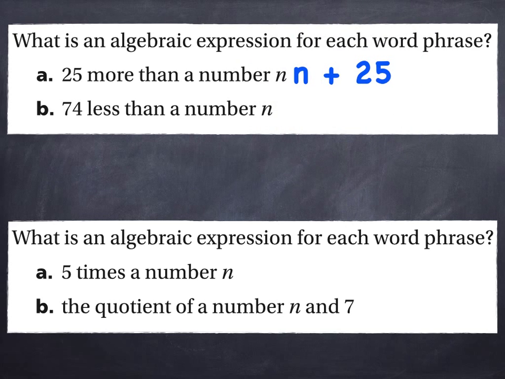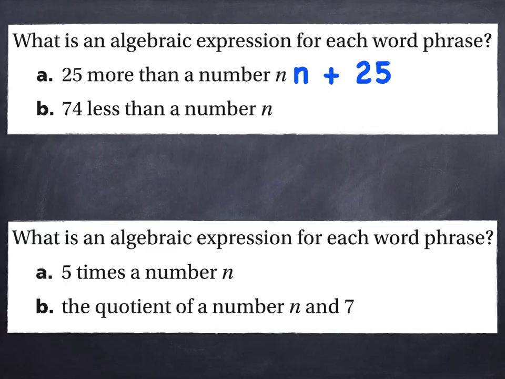For addition, the order doesn't necessarily matter, so n plus 25 would give me the same result as 25 plus n. But if it was subtraction, if it said less than a number, the order would matter. So anytime you see more than or less than, you're going to switch the order that they appear to write your expression.